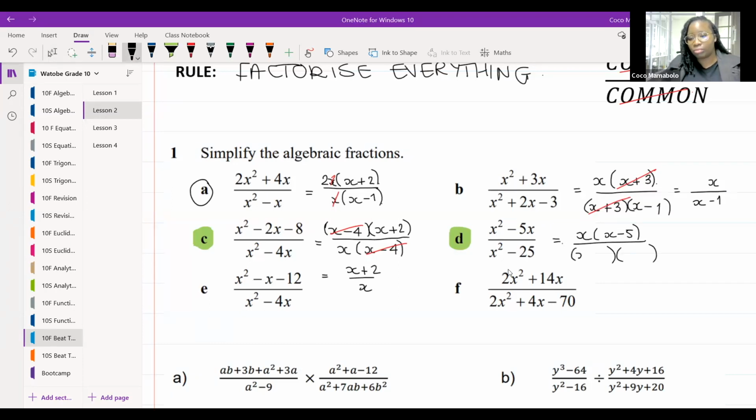I factorized it. Good. Continue. Then x minus 5. Good. Next step. Then I cancel x minus 5 on the numerator and denominator. Awesome. The final answer is x over x plus 5.